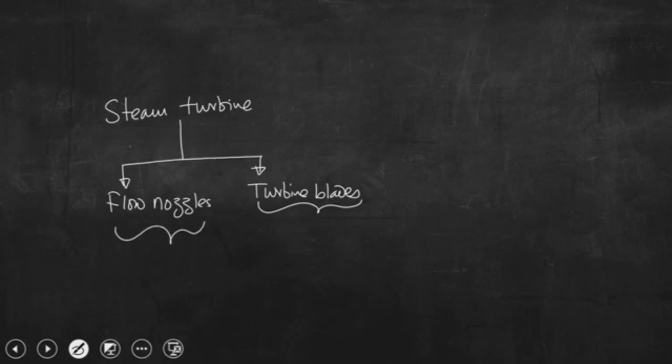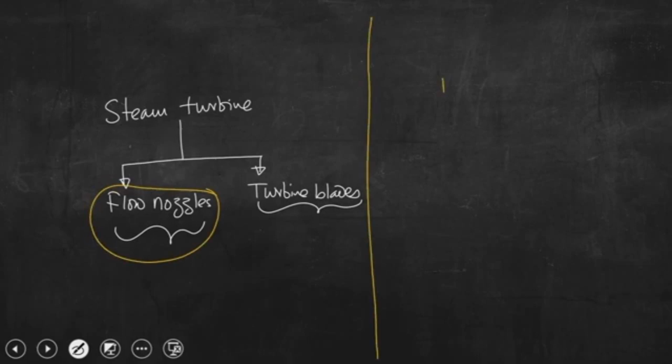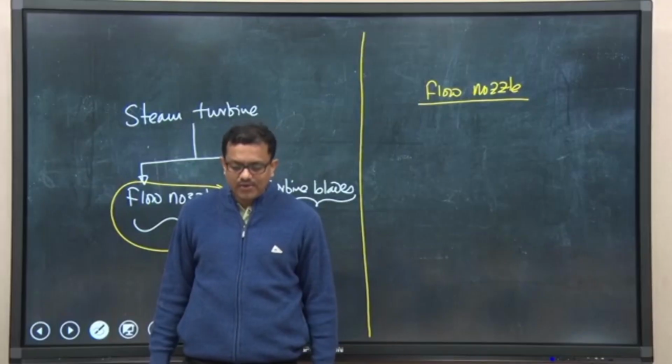So, these two mechanical parts together is the steam turbine. Today we shall briefly discuss the flow nozzle. Why the flow nozzle is very important, we have understood. It is a mechanical device, a nozzle through which steam is flowing.